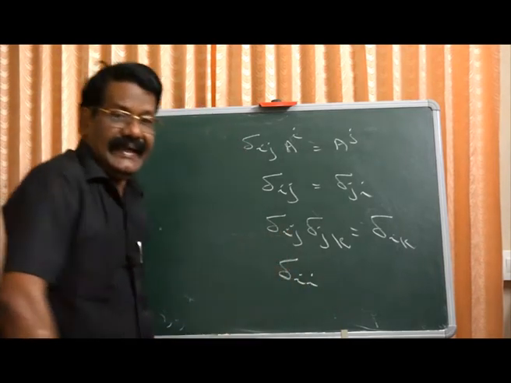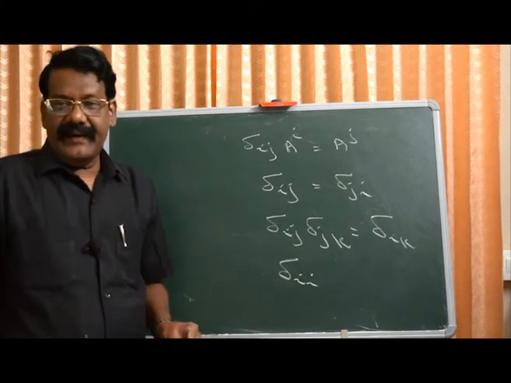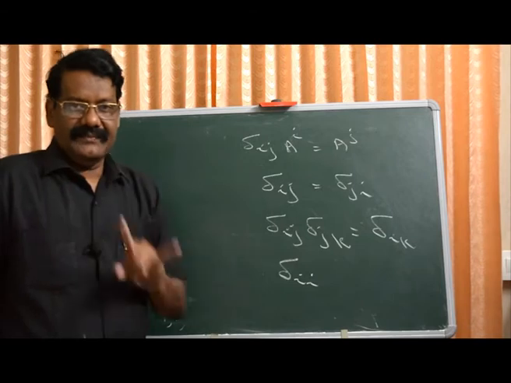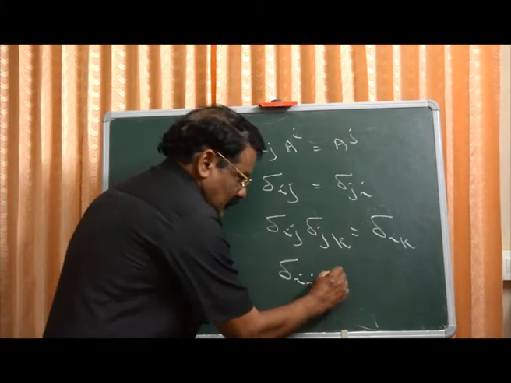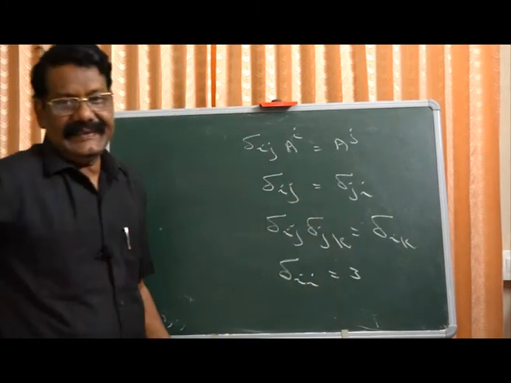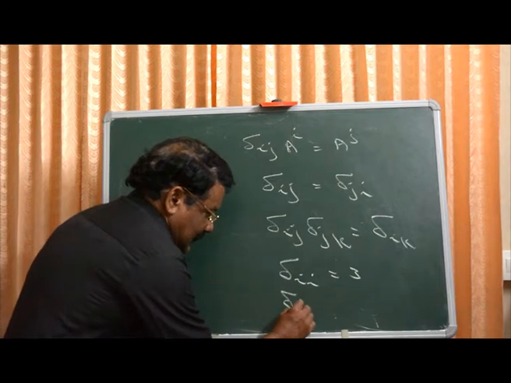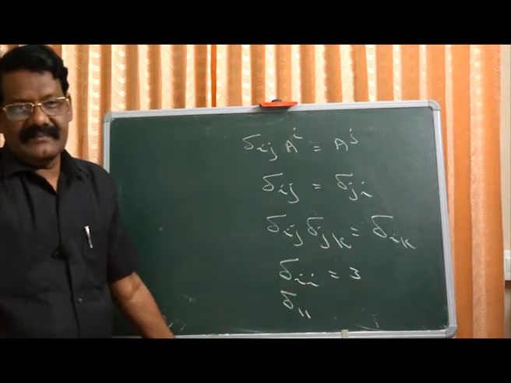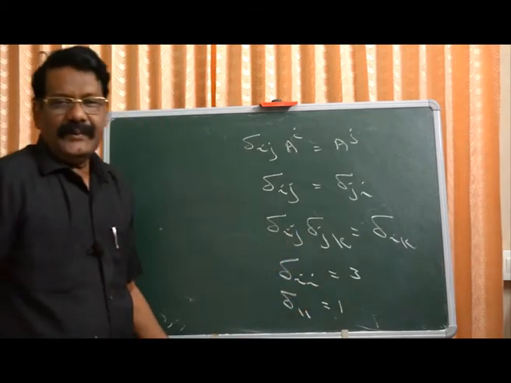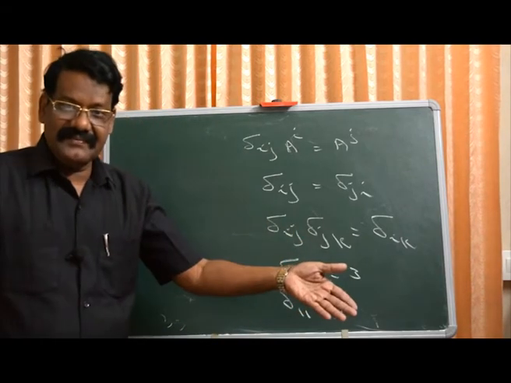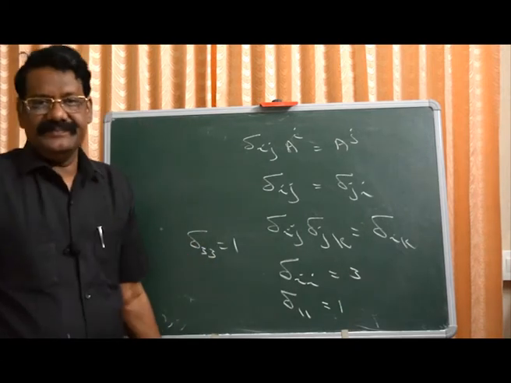Another very important point is the value of delta ii. i can take 1, 2, 3. j can also take 1, 2, 3. So this value must be 3 in 3 dimensions. If I write delta 1,1, only one value is equal to 1. Or if I write delta 3,3, obviously 1.